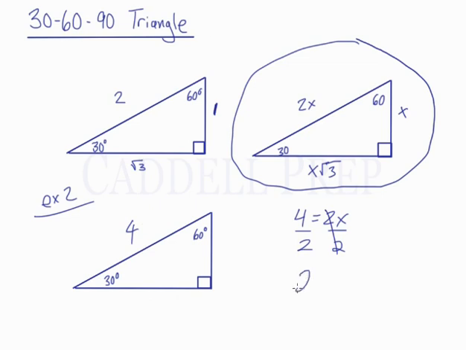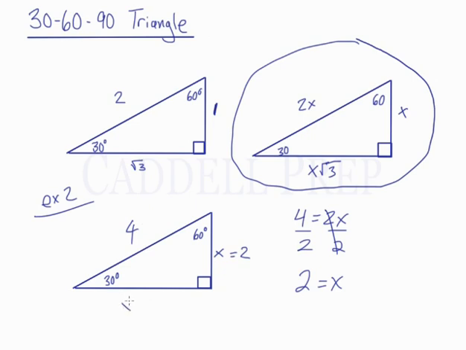And we get that in this case, x is 2. So if we want to find the measure of this side, it's across from the 30-degree angle. Across from the 30-degree angle is just x. So that means this side is x. In our case, x is 2, so this side is 2. If you want to find the measure of this side, well, this is across from the 60-degree angle, and across from the 60-degree angle is x radical 3.